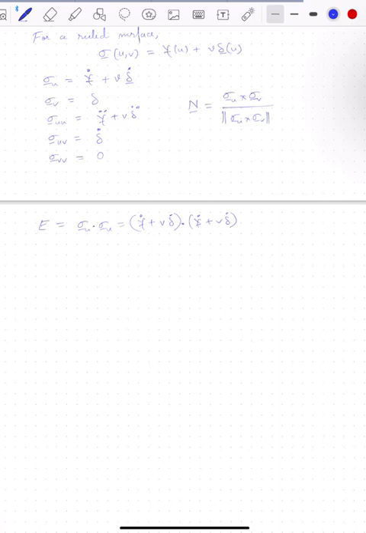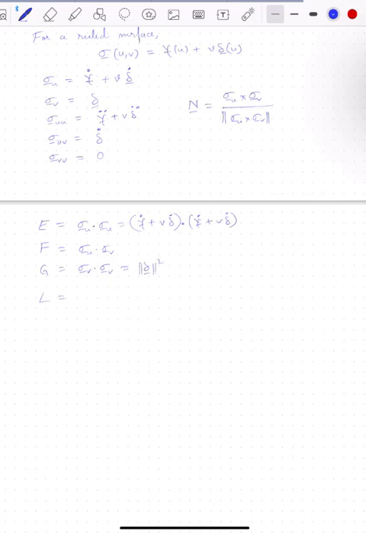Let's keep it as it is for the general case. And F is equal to sigma u dot sigma v, and this also comes out to be some expression. And G is equal to sigma v dot sigma v, so this comes out to be the norm of delta dot squared.